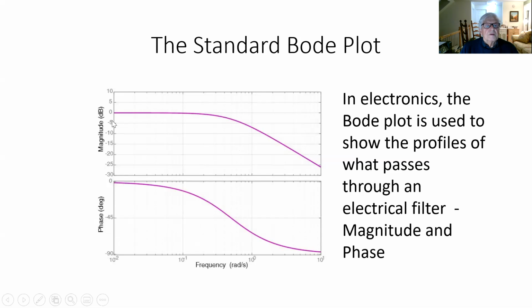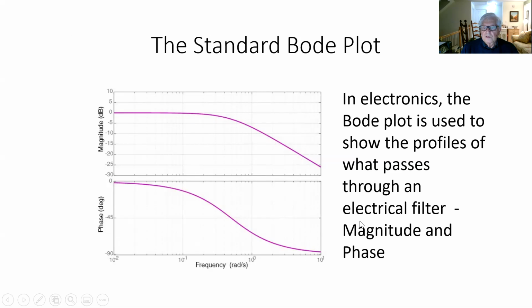So here is a Bode plot. It's a typical Bode plot. And the Bode plot shows two things, okay? Basically, it shows what the output is at a different frequency range, okay? So it goes, in this case, from a high output to a low output, okay?